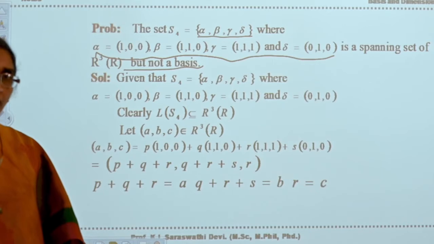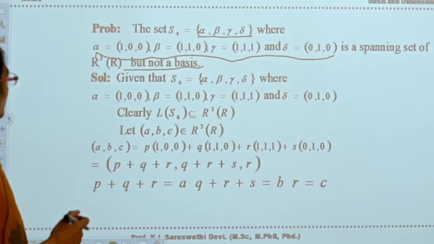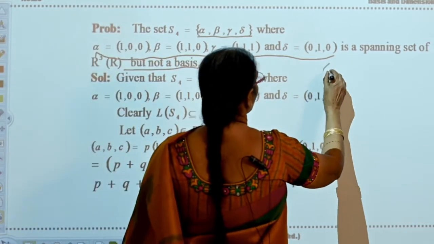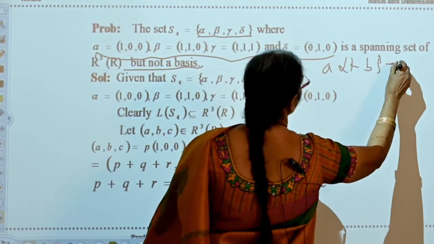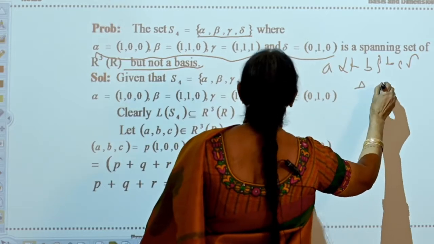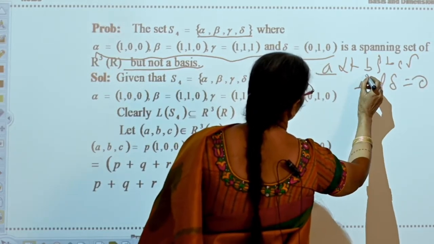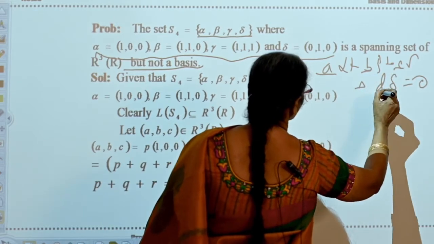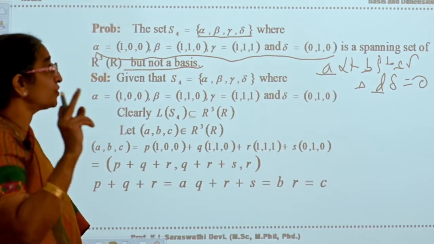One way to say the given set is linearly dependent is to consider the linear combination of the given set of elements, that is, Aα + Bβ + Cγ + Dδ = 0, and show that A, B, C, D are not all zeros at a time.